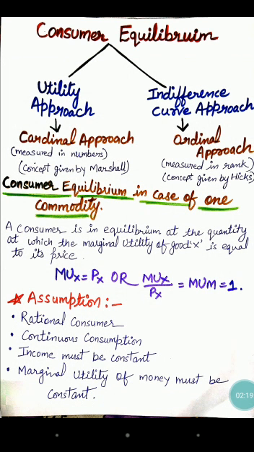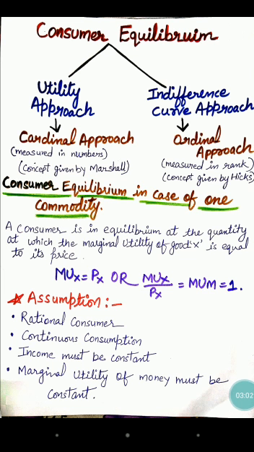The utility approach is the cardinal approach, which is measured in numbers like 1, 2, 3, and this concept was given by Marshall. Second, the indifference curve approach is the ordinal approach, which is measured in ranks. This concept of ordinal approach was given by Hicks. So for consumer equilibrium we have two approaches: utility and indifference curve.